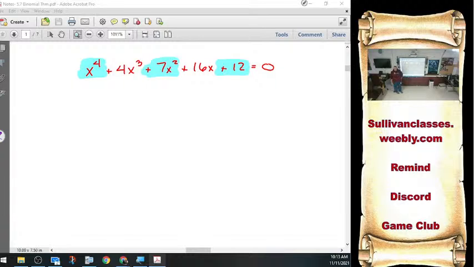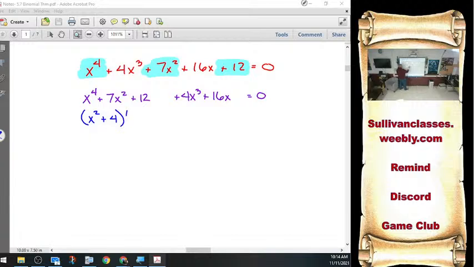If I recognize the quadratic form, I take that stuff and put it together. I take what's left over here. This part factors into x squared plus 4, x squared plus 3. This has an x, 4x that comes out, leaving x squared plus 4.